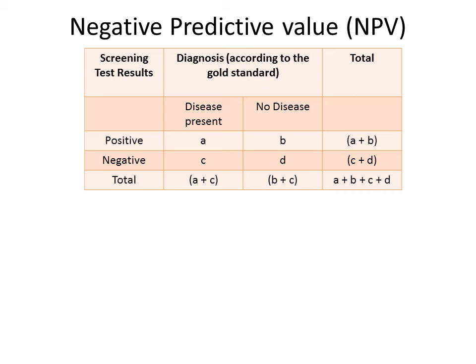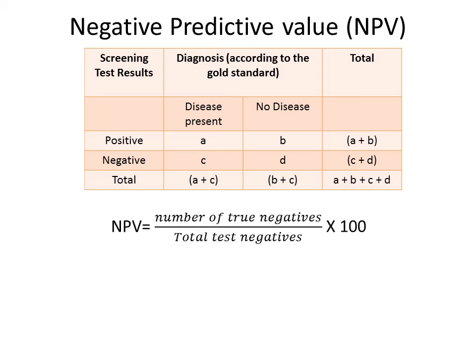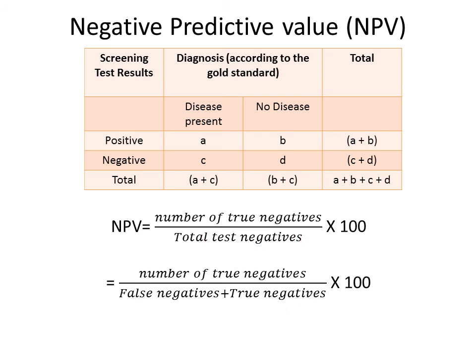Negative predictive value is calculated as number of true negatives divided by total number of negative results, into 100 for percentage. That is, number of true negatives divided by false negatives plus true negatives, into 100.